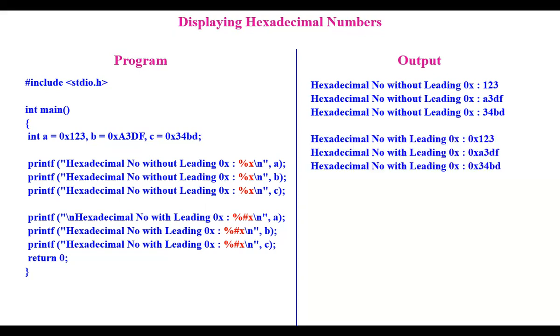That's why we have to use this hash symbol to get the 0x in the beginning. When you have this 0x in the beginning, we understand that this number is in the hexadecimal system. That's why the first is a mistake. This you should not use. You have to use %#x to display hexadecimal numbers.